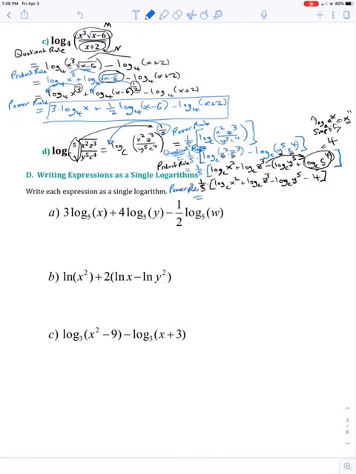Our power rule. So let's go ahead and do that. So we've got our 1/5 right out here in front, and let's apply the power rule. Powers become the coefficients. So let's bring them out in front. So that'll be 2 times log base c of x plus 3 times log base c of z minus 5 log base c of y minus the 4, as we bring down the power. So the powers have become the coefficients as we simplify that down using the power rule.